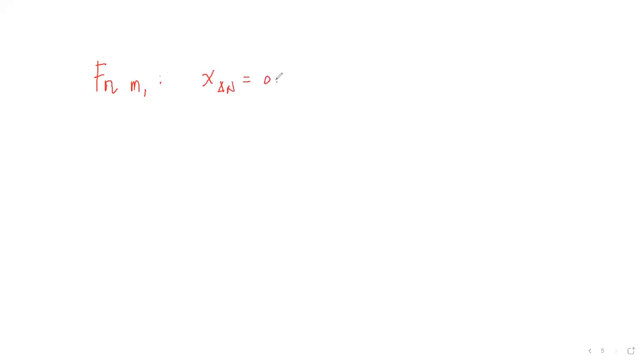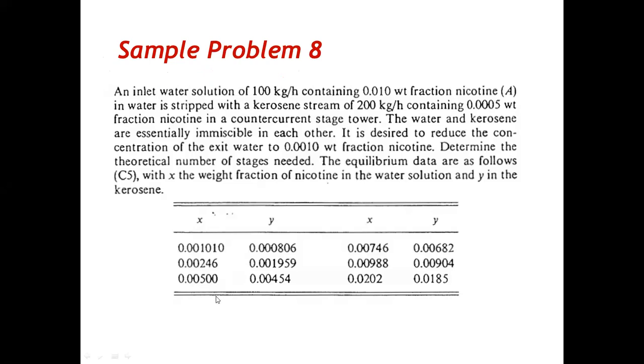The raffinate concentration is 0.001. We check if we have more or less this value in the data that we have. So we go back to our slide, the 0.001. I think you could see that we have it here now. So I think we will not need to interpolate because more or less this is already 0.001.